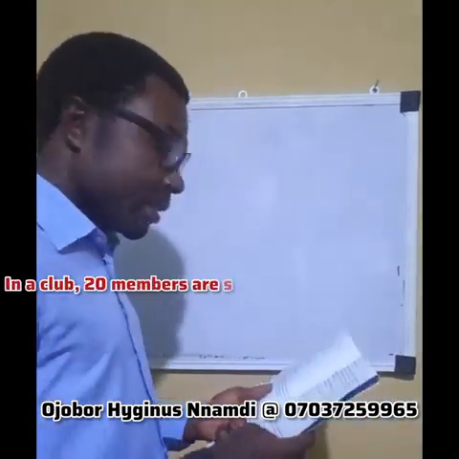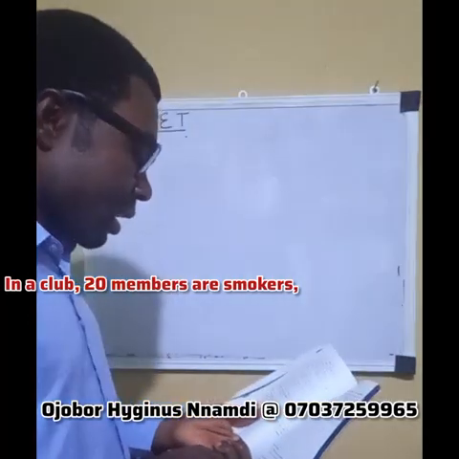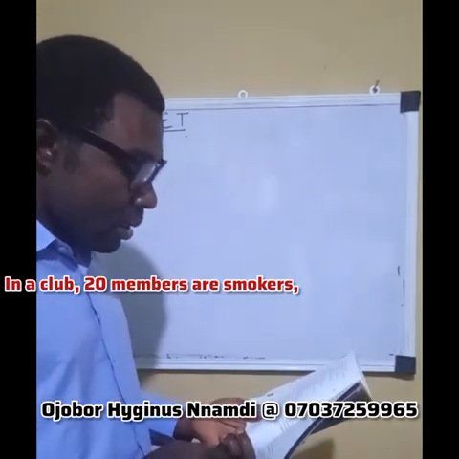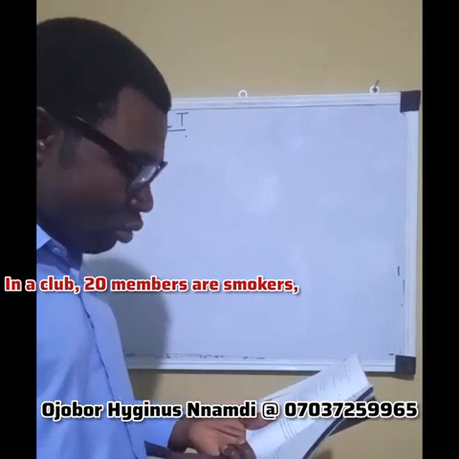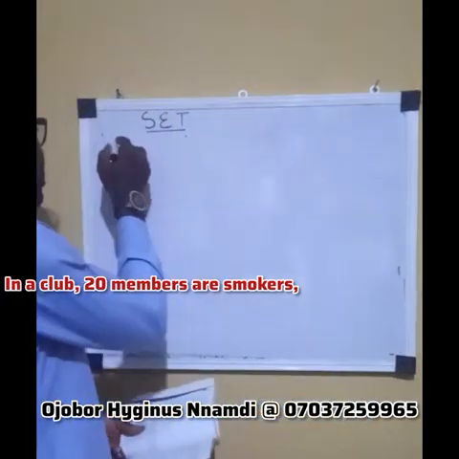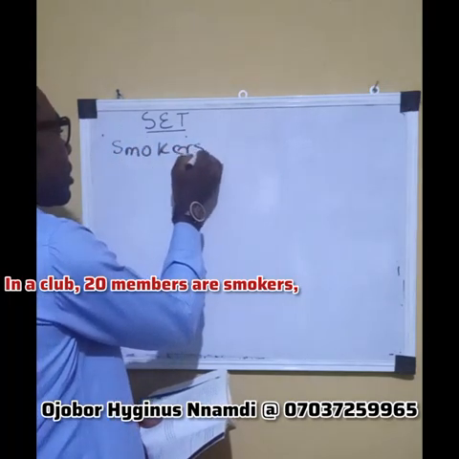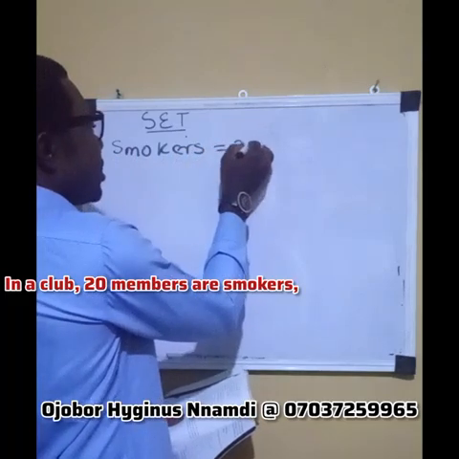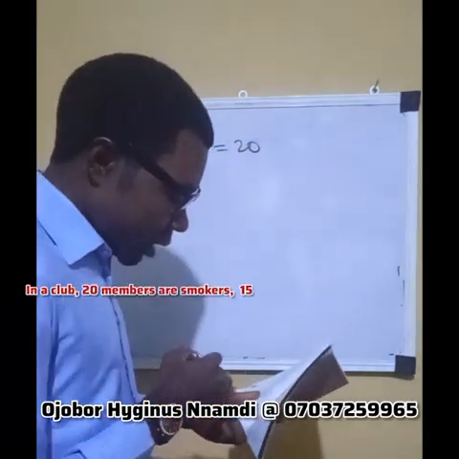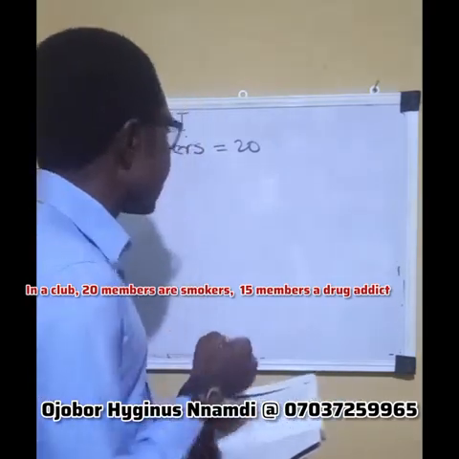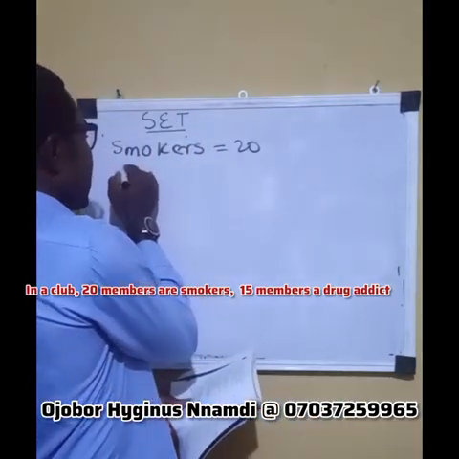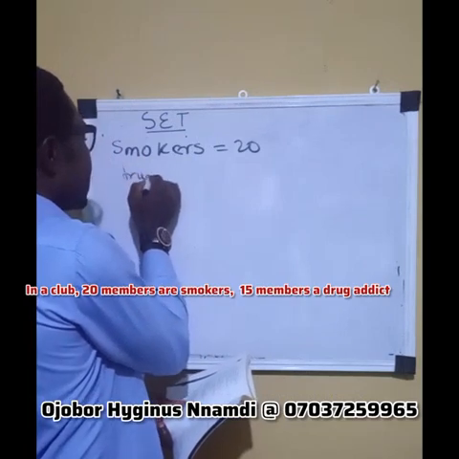The question I have here said, in a particular club, 20 members are smokers. Smokers are 20 in number. 15 are drug addicts. Drug addicts.